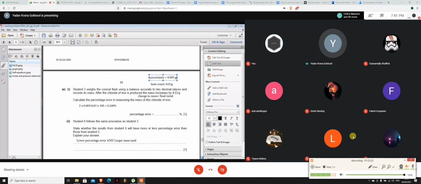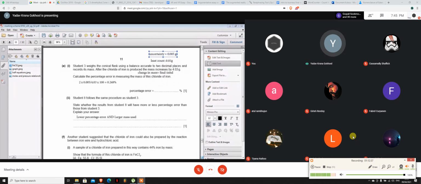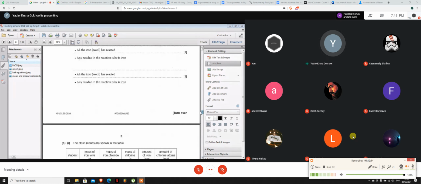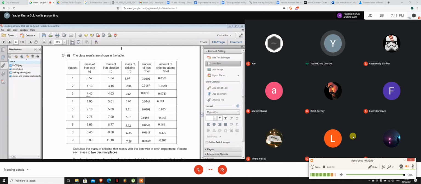State whether the results from student 8 will have more or less percentage error than those from student 3. So we have to look at our table. So student 3 has used 1.14, here 3.90. Mass of chloride also is 7.2.